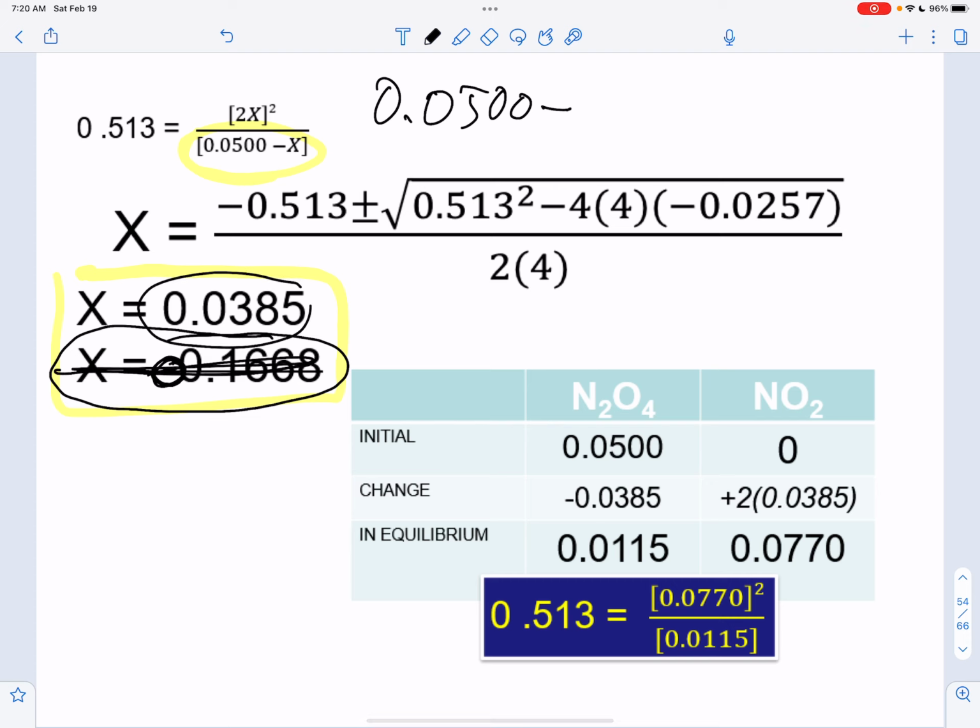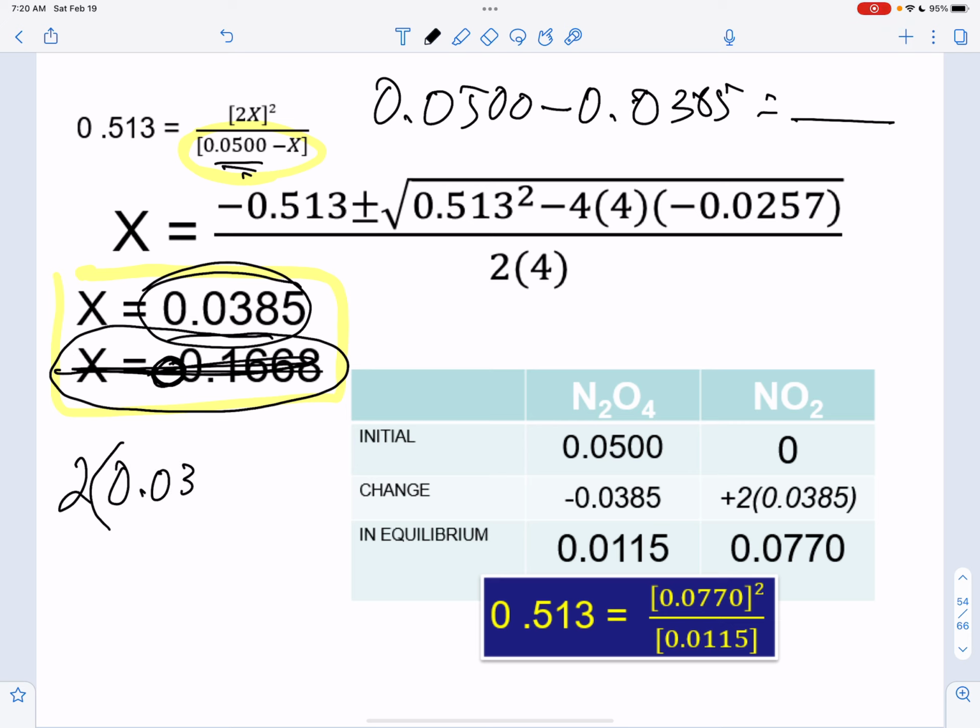So this is the only value we can use, 0.0385. That will give us the concentration of the reactant, and the concentration of the product at equilibrium is going to be 0.0385. So that will be that, and that will be that.